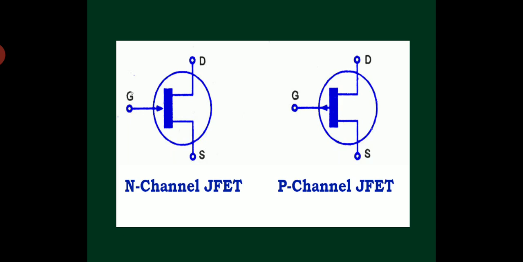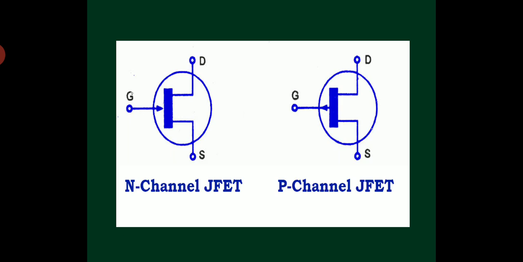So IC equal to alpha into IE. Or in other words, alpha equal to IC by IE. So IC, the output current in a transistor connected in common base configuration, is dependent on the input current IE.